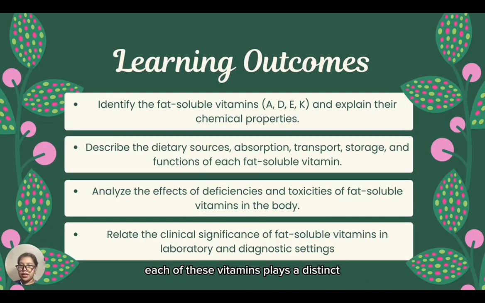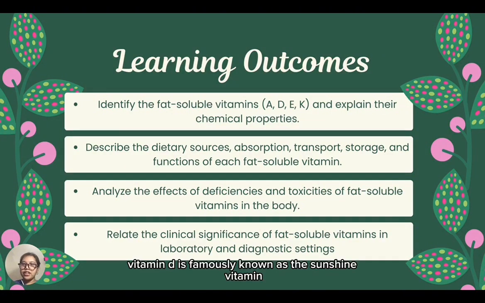Each of these vitamins plays a distinct yet vital role in maintaining health. Vitamin A is crucial for vision, immunity, and cellular differentiation. Vitamin D is famously known as the sunshine vitamin and is essential for calcium homeostasis and bone metabolism.